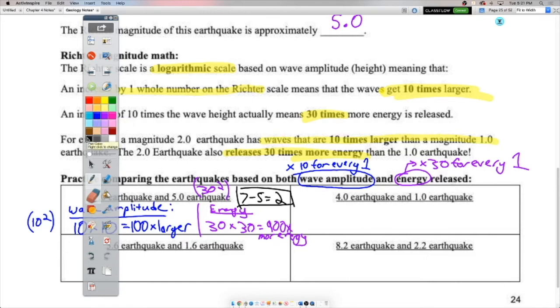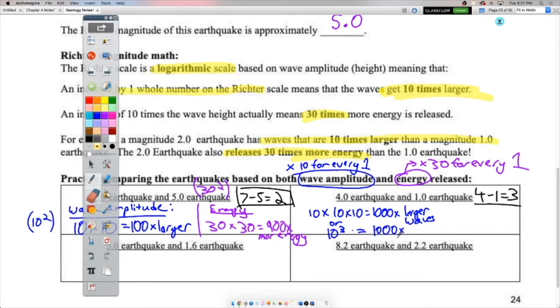So if we compare a 4.0 earthquake and a 1.0 earthquake, that's exactly what we're going to have to do. 4 minus 1 equals 3. So for wave amplitude, we could do 10 times 10 times 10 equals 1,000 times larger waves, or 10 to the power of 3, because that's what we got our difference to be. Either way, we get the same answer.